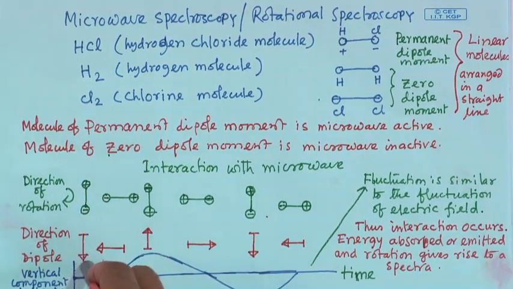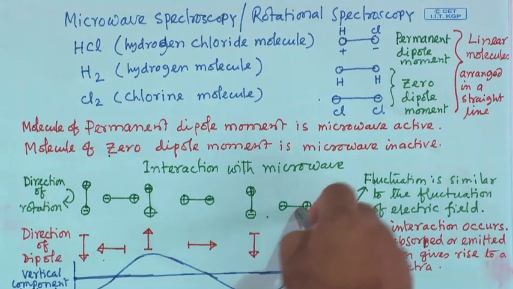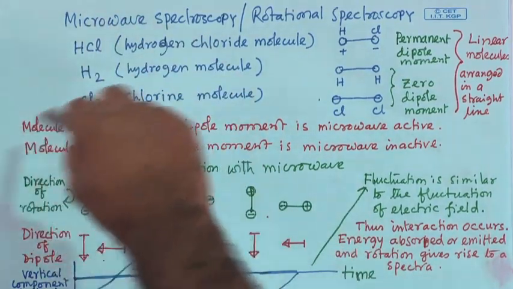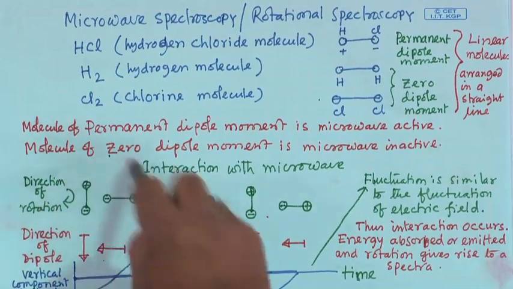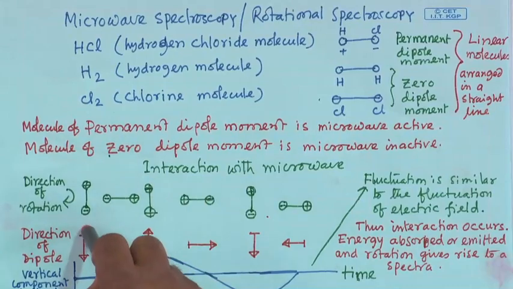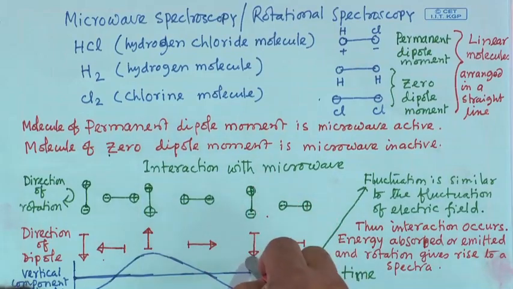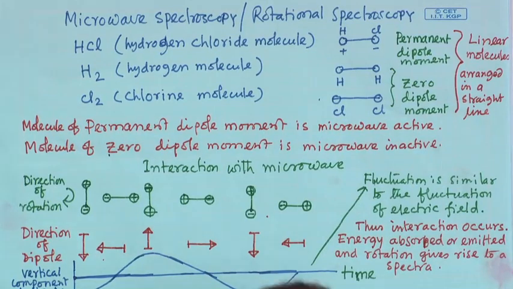So this is the direction of the dipole, then it changes, and this will be another direction. These are different stages we have shown. During rotation, from this position it rotates to this position, so its dipole moment was in this direction, now in this direction, then this direction, then this one. This way it is changing, as if the dipole is fluctuating.